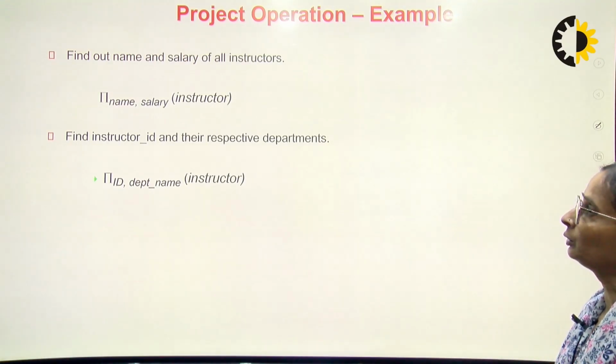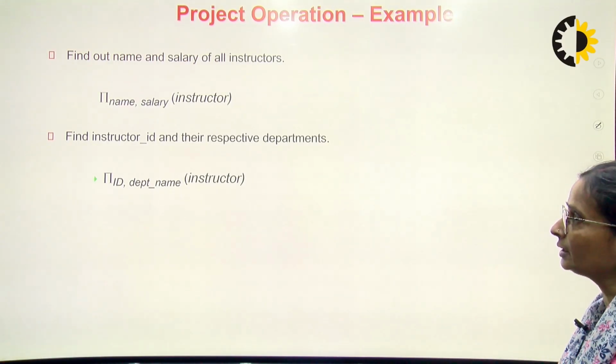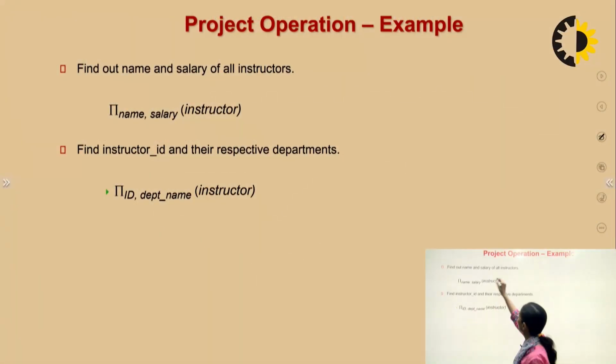This is to find out the name and salary of all the instructors. So I have given it for all the instructors, no condition. Whenever I want to use a condition, I will use sigma. But once I want to see only selected columns, or a subset of columns, then I will use the pi operator.